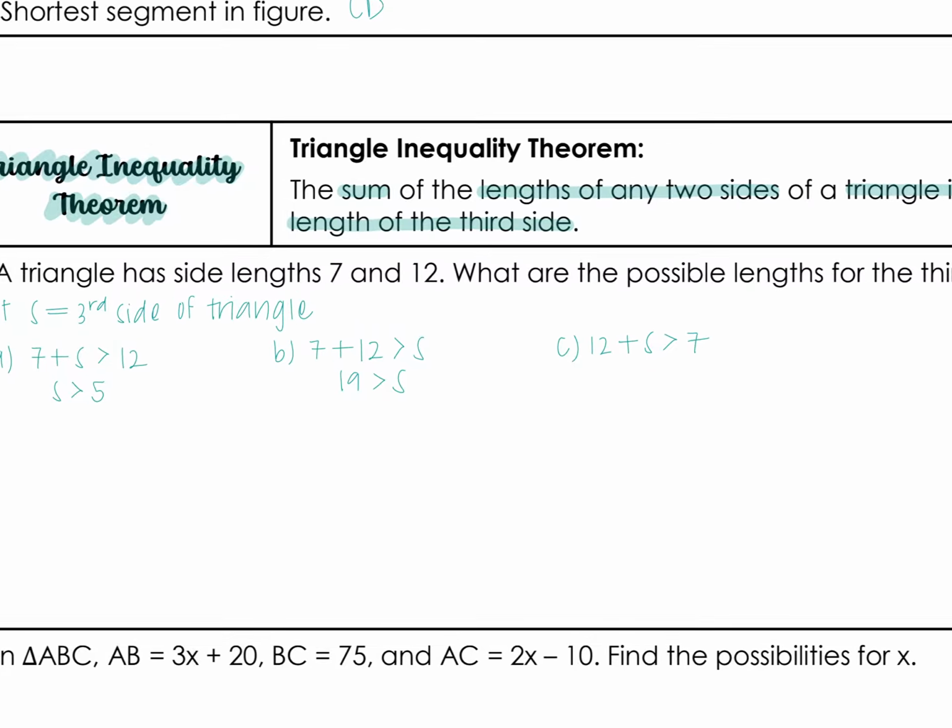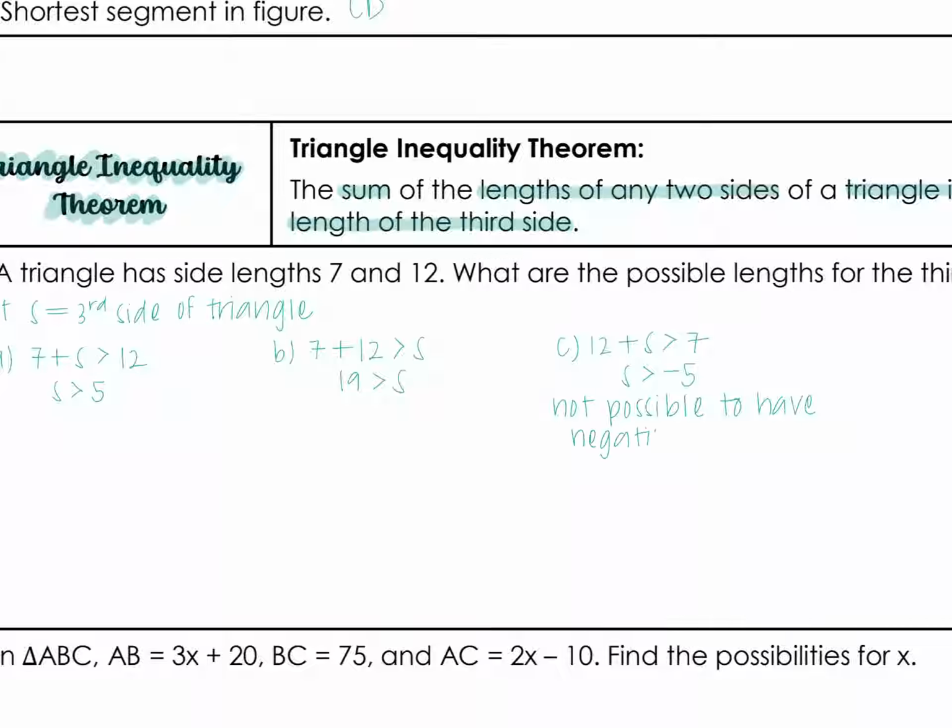And then in my third scenario, I'm going to get that S is greater than, and when we subtract, we're going to get -5. So with this scenario, scenario C, what I'm going to notice is that we should not have negative lengths. So not possible to have negative lengths.